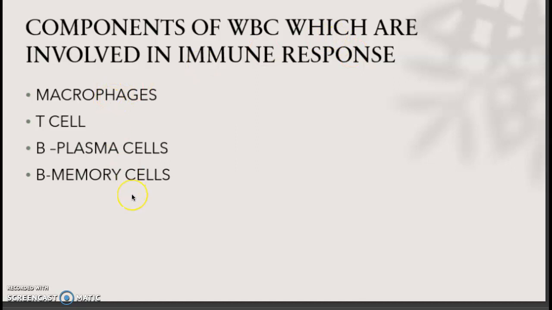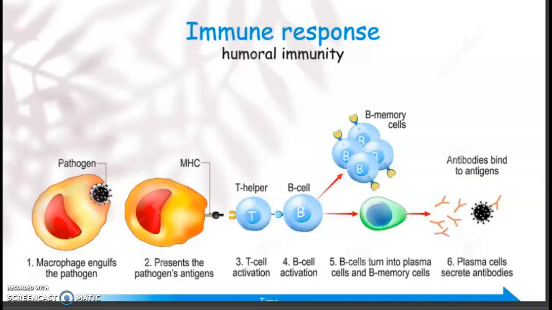Majorly there are four types of WBC cells: macrophages, T cells, also known as T helper cells, B plasma cells and B memory cells. It is clearer from this figure that whenever any pathogen, that is a virus, bacteria or fungi, enters our blood, the macrophages, which are big-sized cells of WBC, engulf the pathogen and then send this information to T cells.